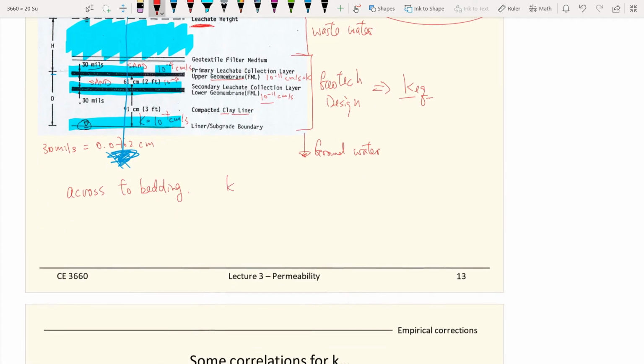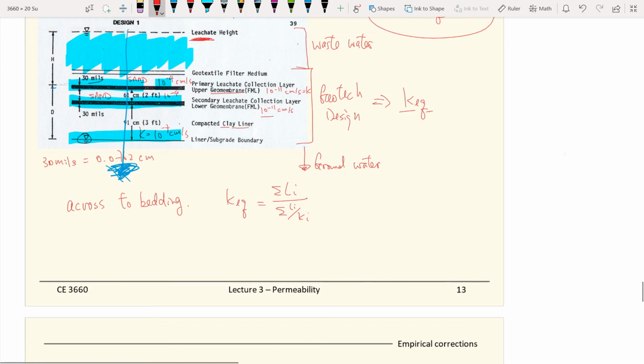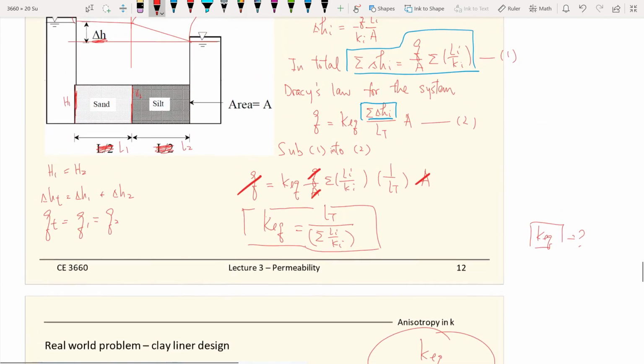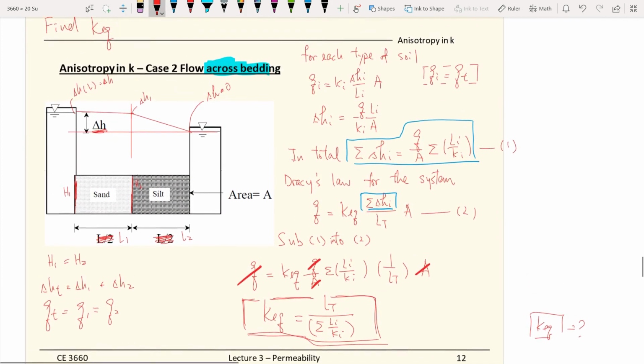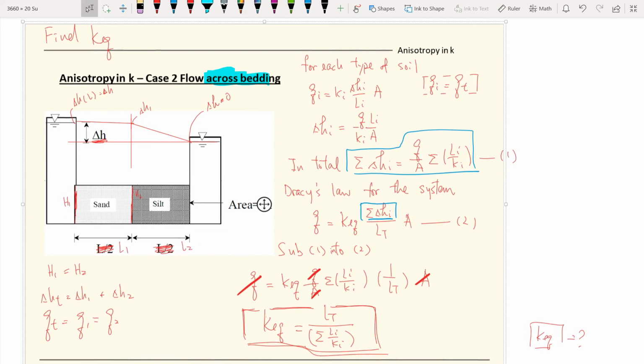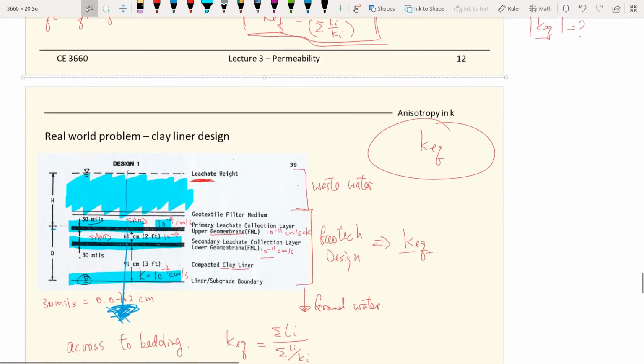And the equation for that equals the summation of the thickness divided by the summation of the individual lengths divided by the hydraulic conductivities. This is the equation here, because this is under the concept of crossing the bedding, and we proved how to come up with these equations.